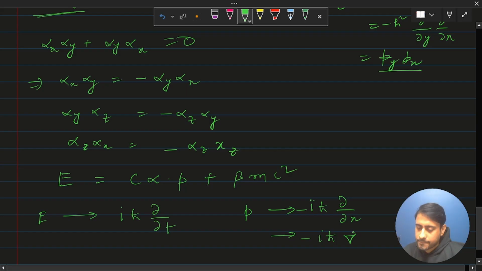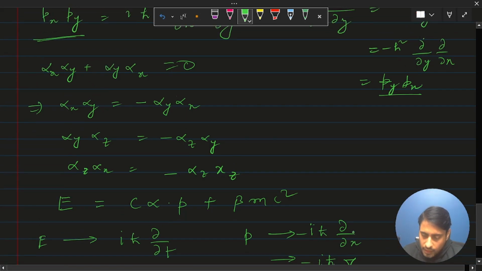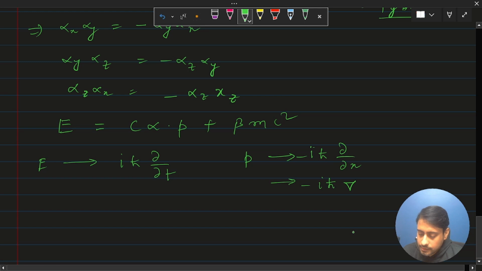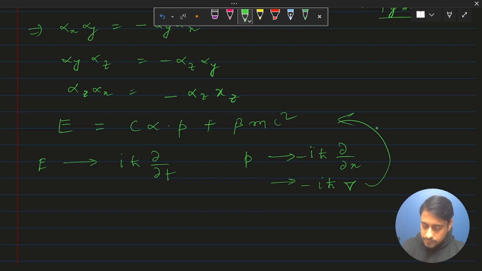Okay, so let's just replace these things in the above equation, the matrix relation written by Dirac.